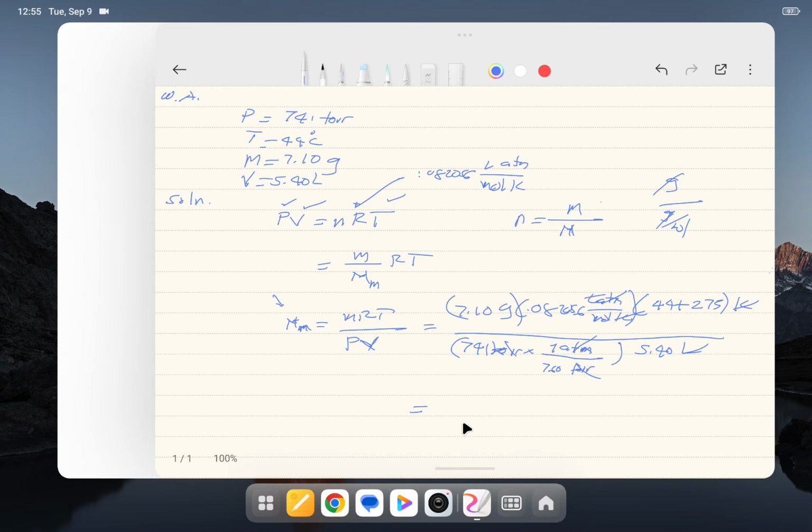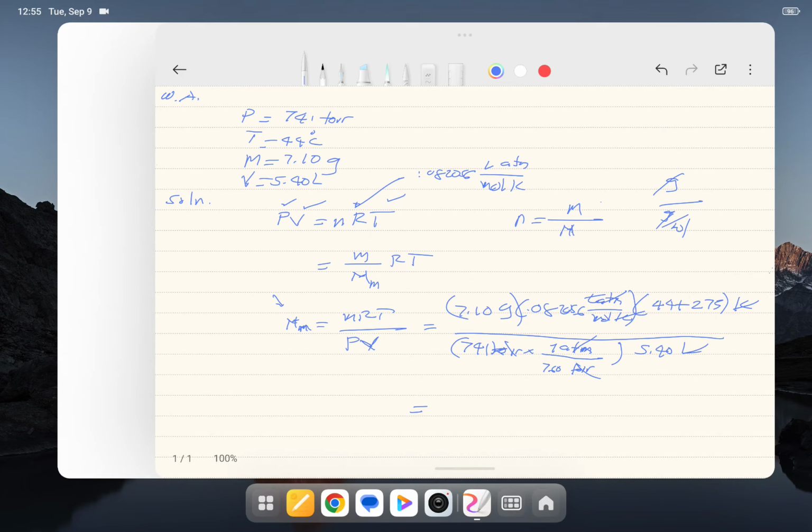So I think this is not hard after all. You can get your calculator. 7.10 multiplied by 0.082056 multiplied by 44 plus 273, divided by 741 Torricelli, times 5.40. Actually, that's 760 over there.